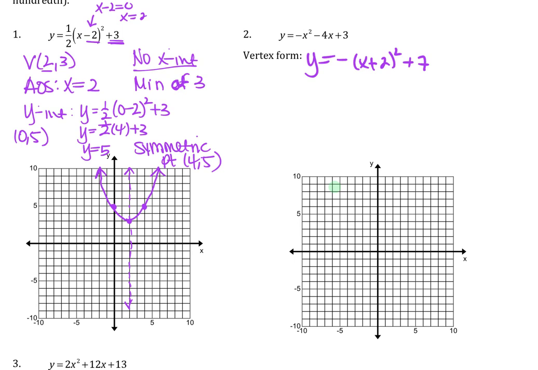On number 2, let me erase some of this highlighter here. On number 2, we have a vertex of -2, 7. So I'm going to plot that. That means my axis of symmetry is x equals h, -2.